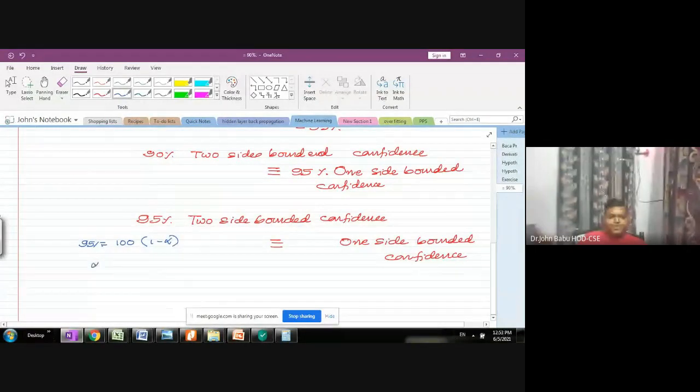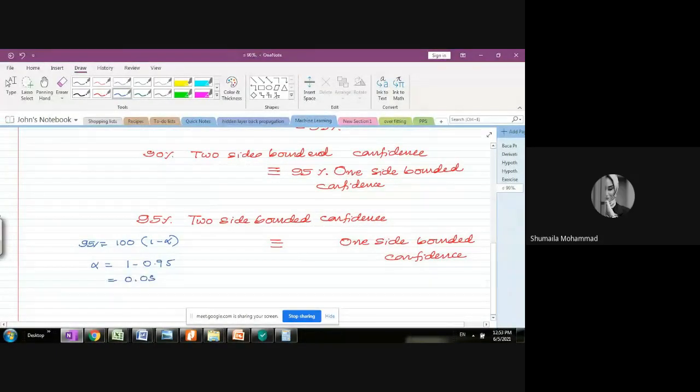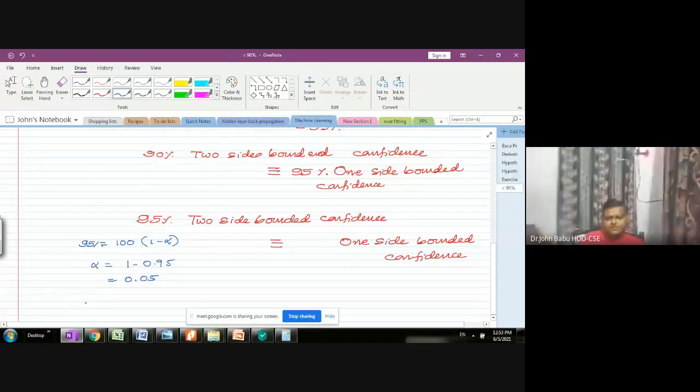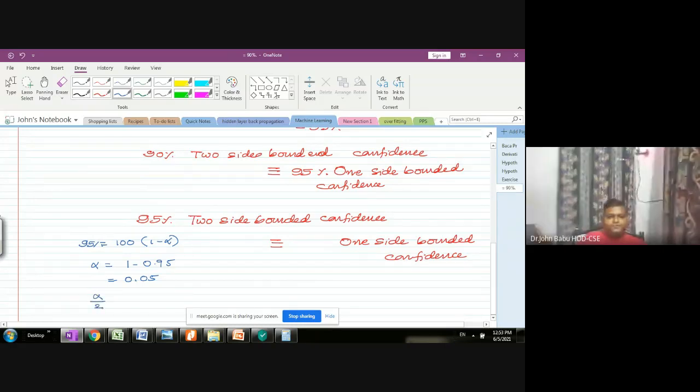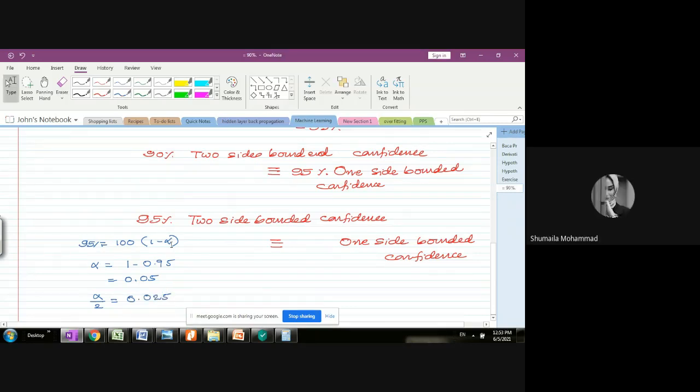So alpha is equal to 1 minus 0.95, that is equal to 0.05. One side it is 75? What is alpha by 2? 0.05.